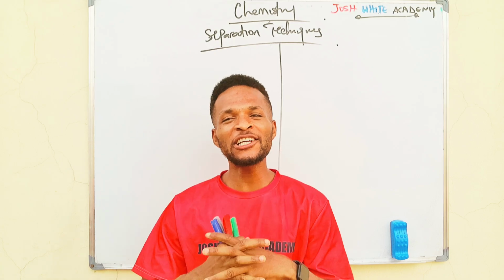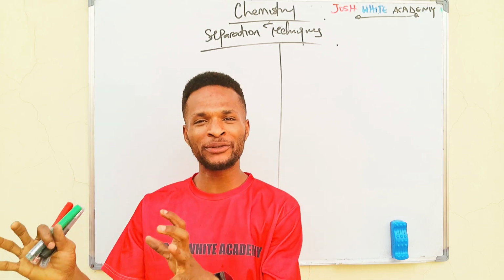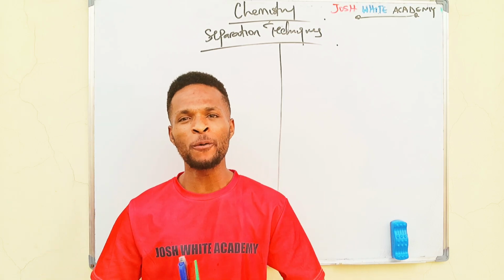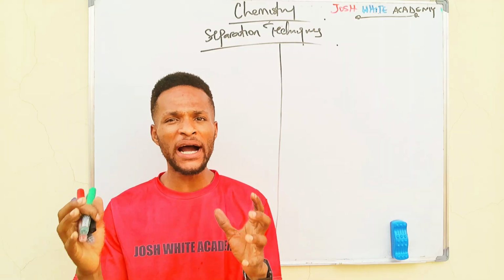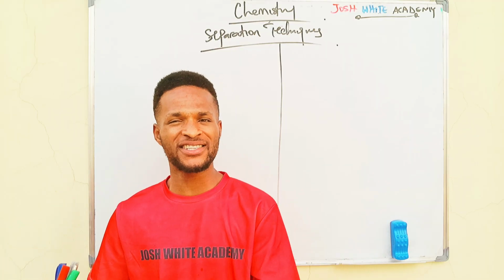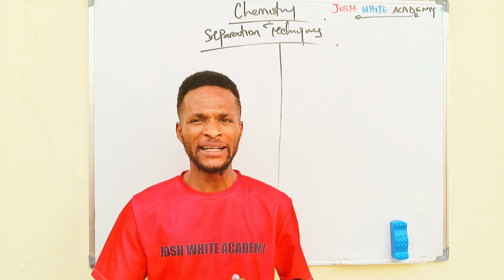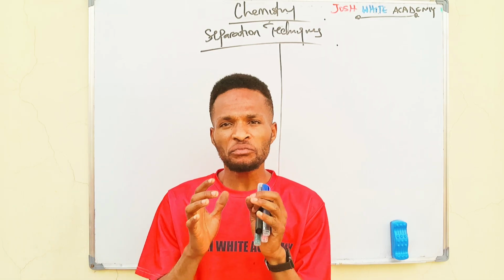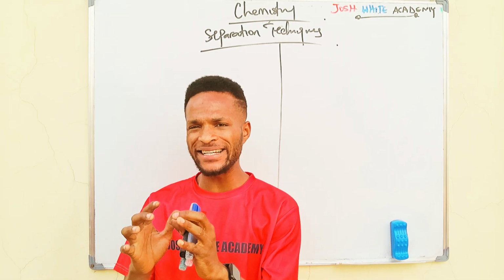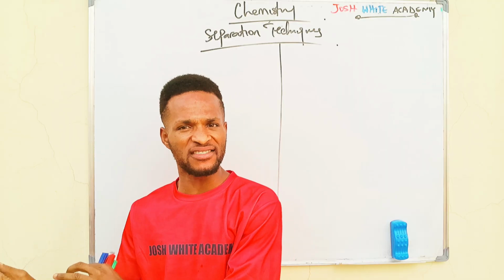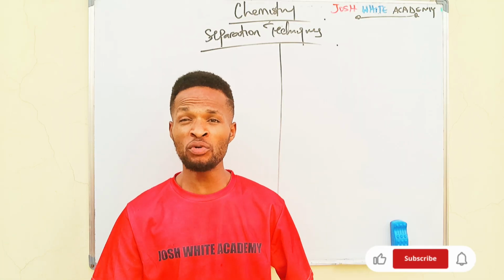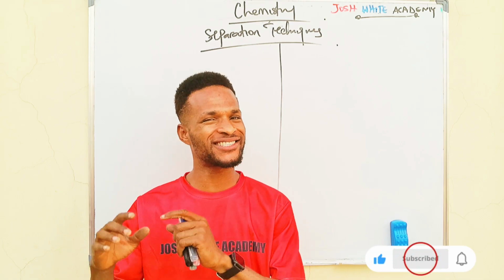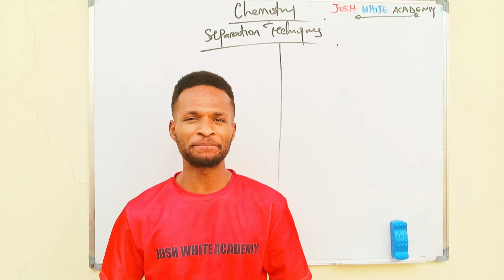Okay, in the last class, we introduced element, compound, and mixture, and we talked about mixture as a substance that comprises two or more constituents that are physically combined together. Now, being able to separate the individual components of a mixture requires a special technique, which is a physical method known as separation technique.